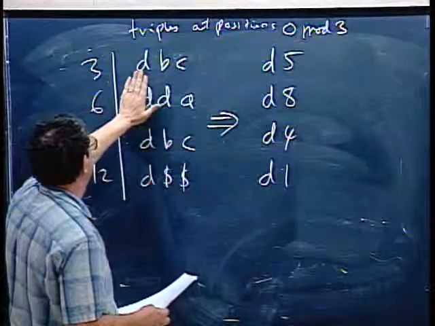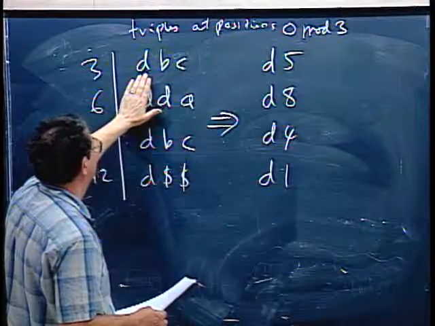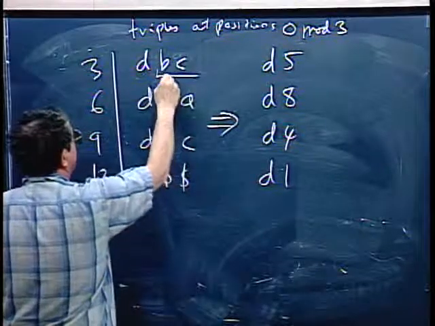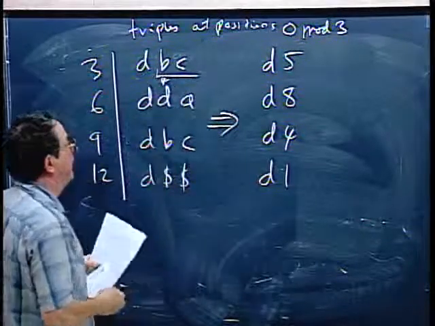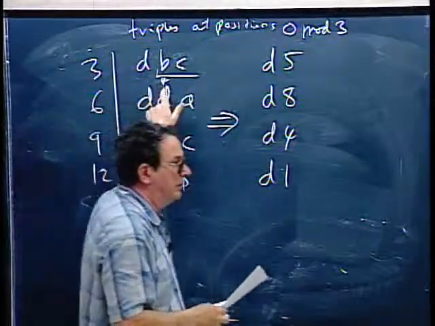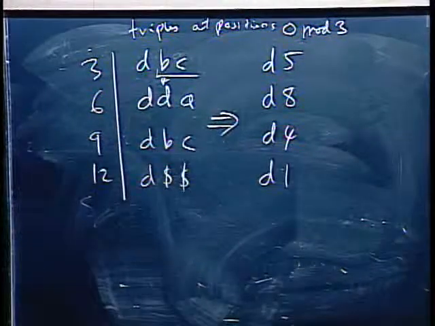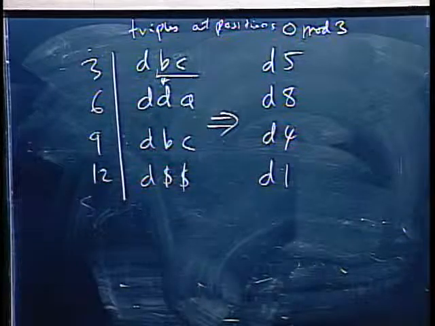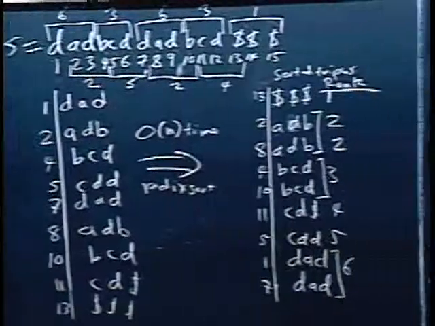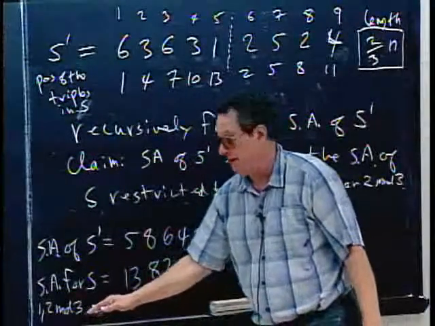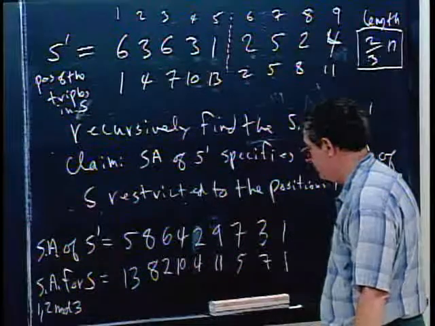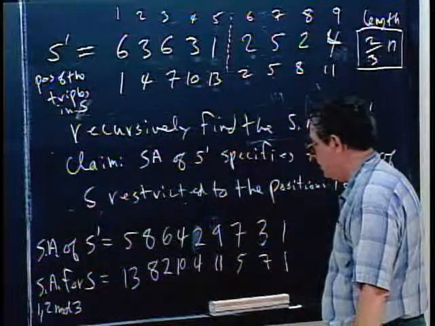This is encoding the first character, and then this starts position 4, okay? And 4, if we go back over here to the suffix array for S restricted to positions 1 and 2 mod 3, we're interested in position 4.